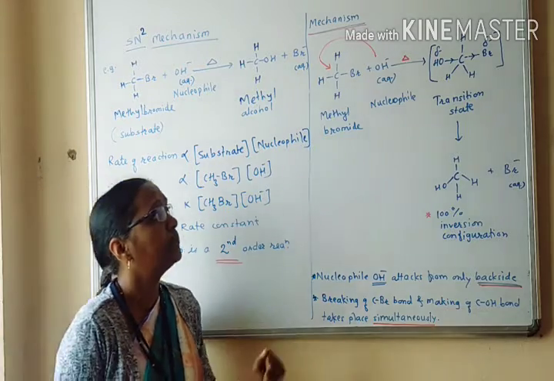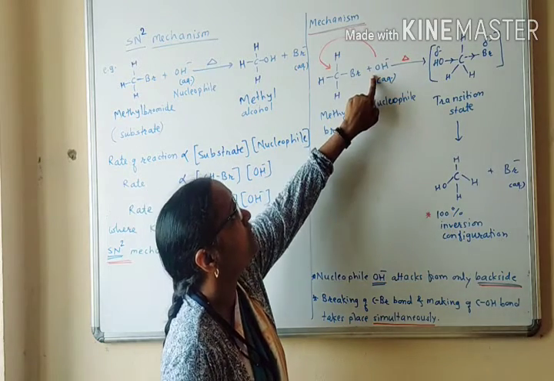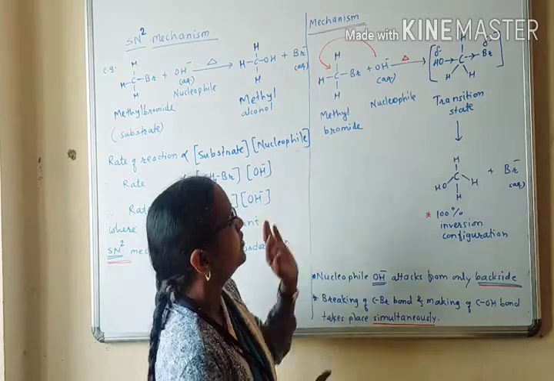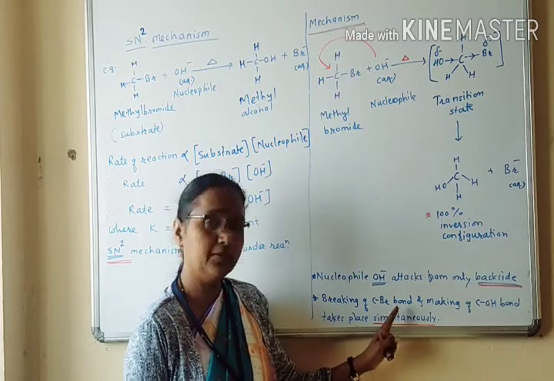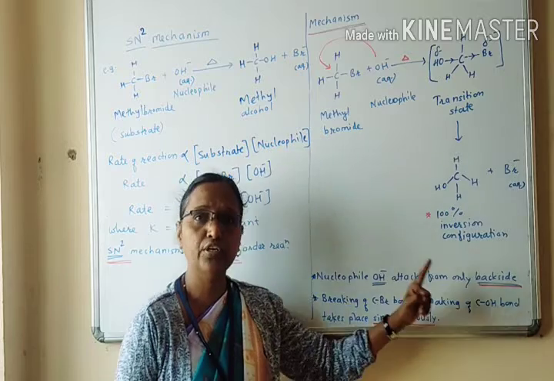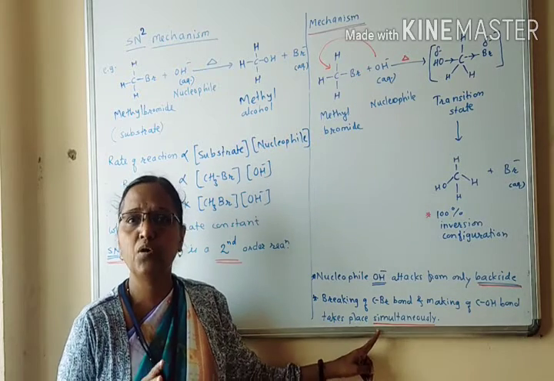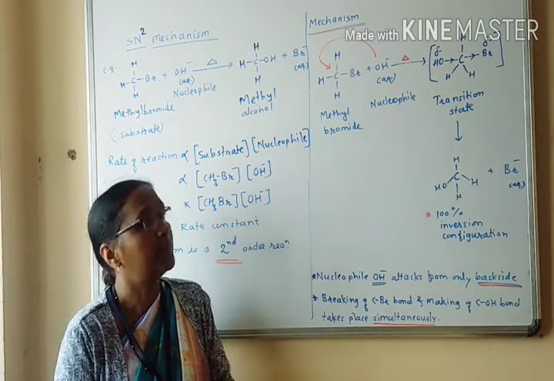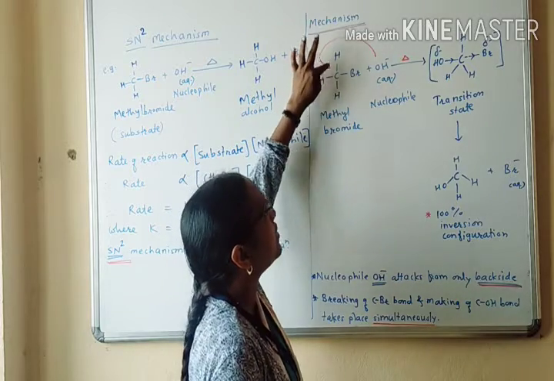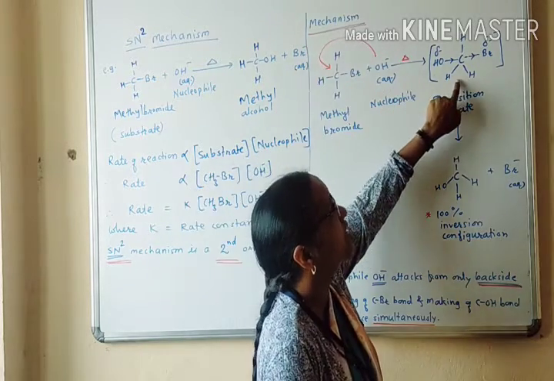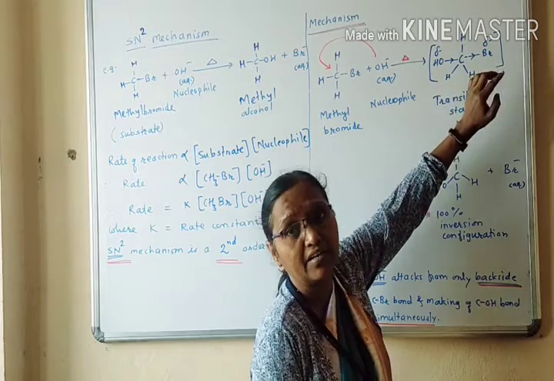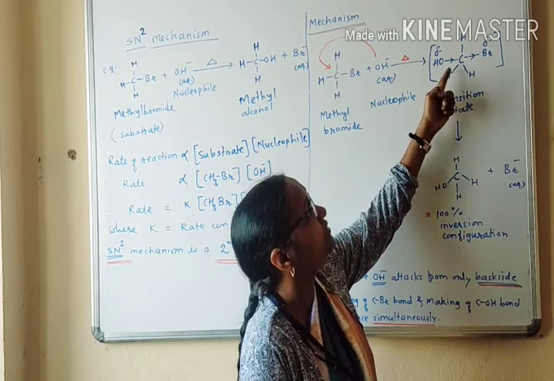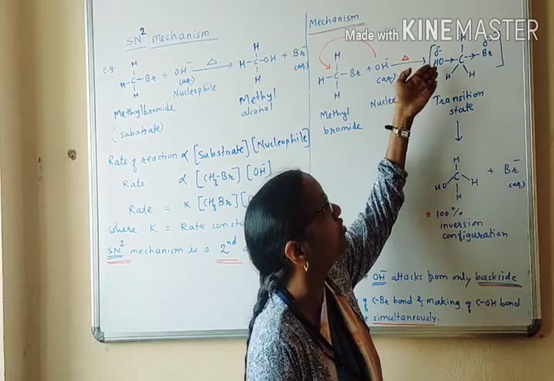Now see the mechanism. Here you will see that OH minus attacks from the back side only. In this reaction, the breaking of the C-Br bond and the making of the C-OH bond take place simultaneously, meaning at the same time both are going on. The valence of the carbon atom here is 4, but in the transition state that carbon becomes pentavalent. The C-Br bond breaks, and at the same time the new C-OH bond forms.